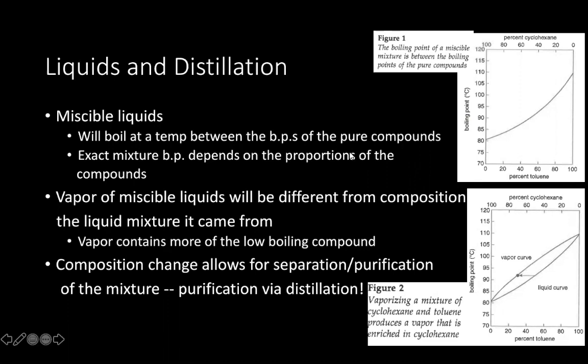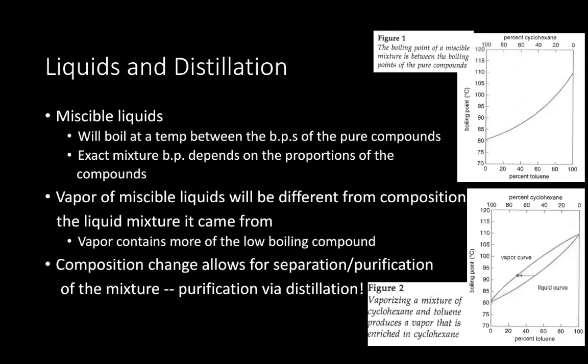The vapor of miscible liquids will be different from the composition of the liquid mixture it came from. That's because the vapor should always contain more of the low boiling compound. That composition change from the liquid mixture versus the vapor mixture allows us to actually do this separation.